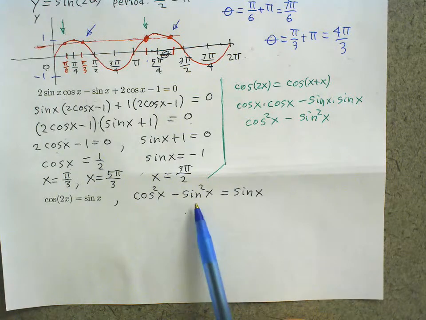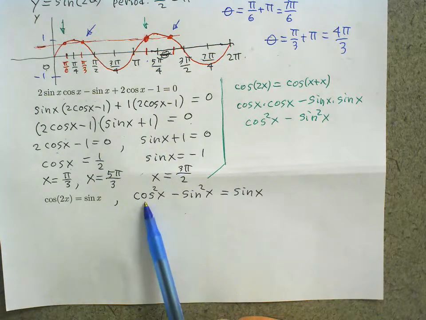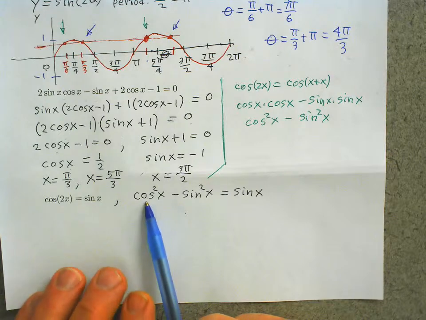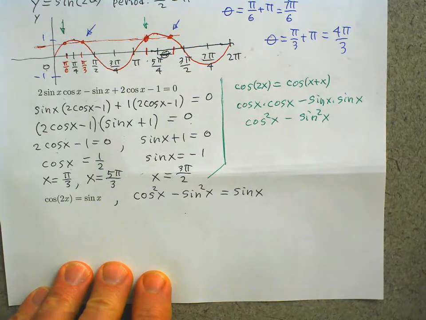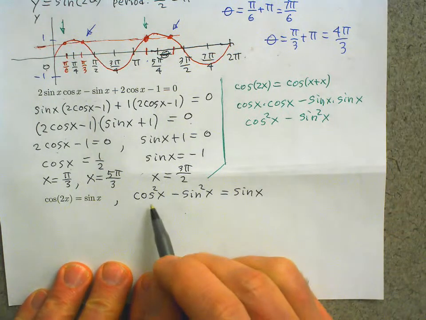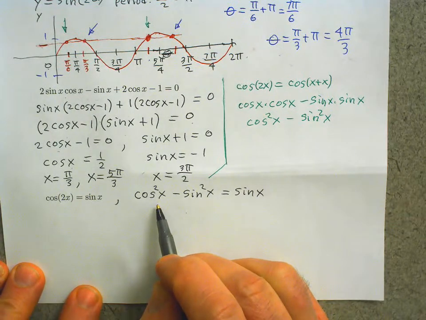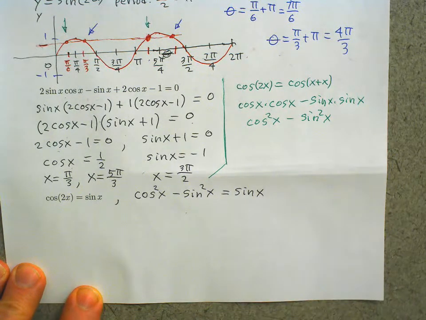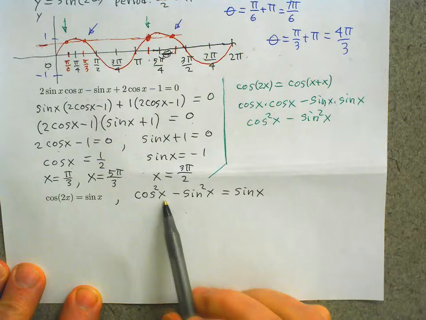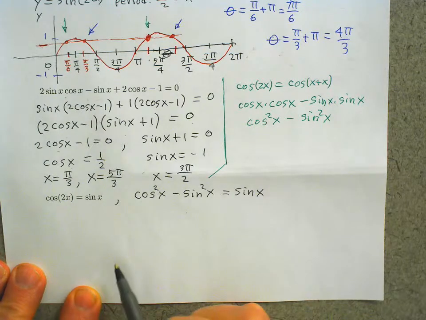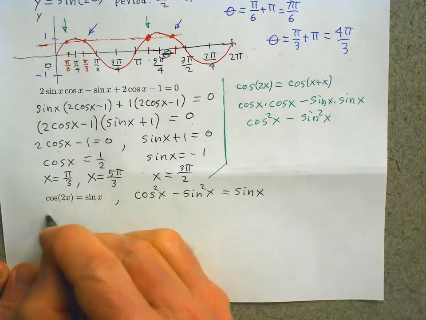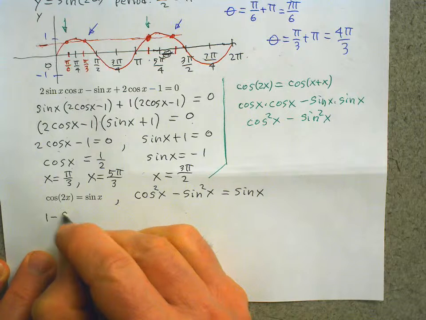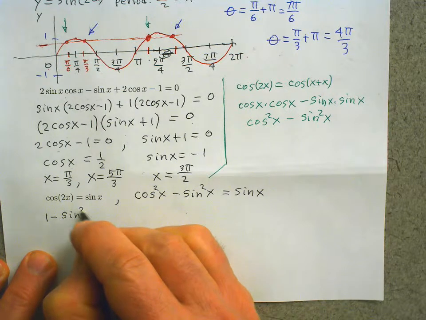Two of my terms involve sine of x. The other one is cosine of x. So I'm going to replace cosine of x squared with 1 minus sine of x squared, using one of the Pythagorean identities.